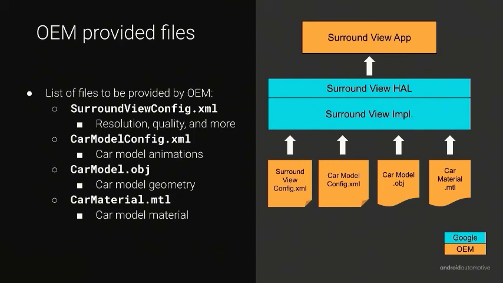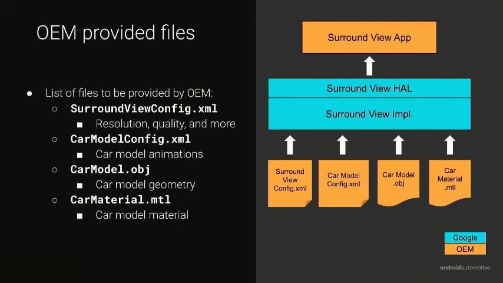Next, since you saw the surround view 3D has a model of a car built into that scene, this model is defined by the OEM or the implementation. And so we take this from a standard 3D file like a car model OBJ and a car model MTL, which define the geometry and the materials of that model respectively. And there is an additional file, the car model config XML, that defines some parameters related to that car model, which also offers things like animations.